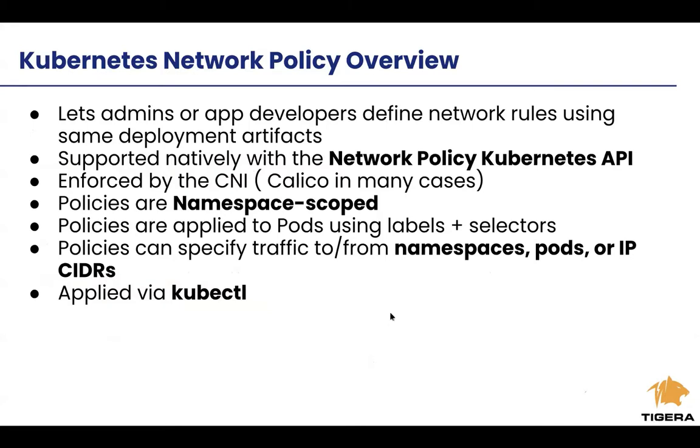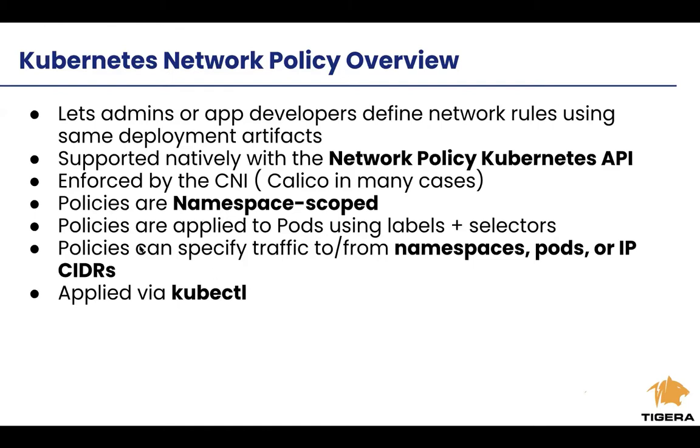It is supported natively with the Network Policy Kubernetes API, so it's in Kubernetes. However, Kubernetes itself does not enforce any policies. It relies on the CNI to enforce the policies. Calico is a leader in this area, but there are, of course, other CNIs out there that can do that.